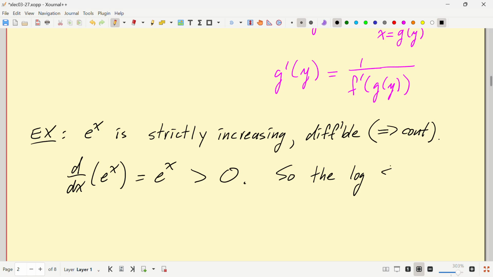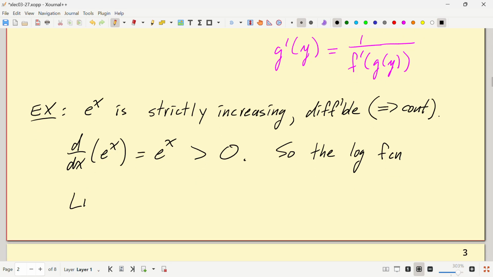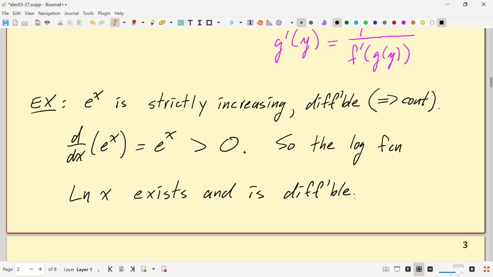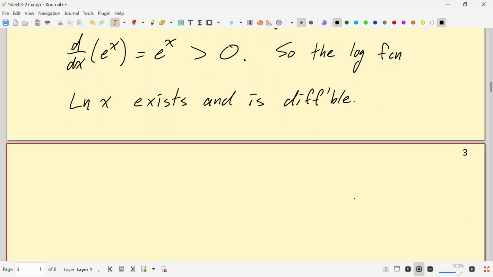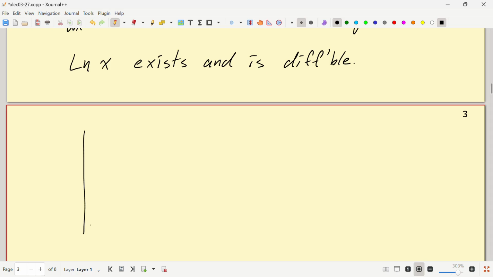The natural log function ln x exists and is differentiable, by the inverse function theorem. Let's see, the e to the x is an increasing function. It's really small over here.